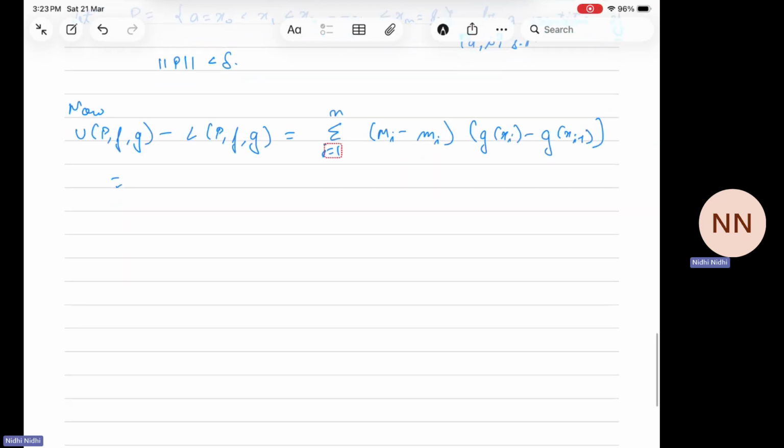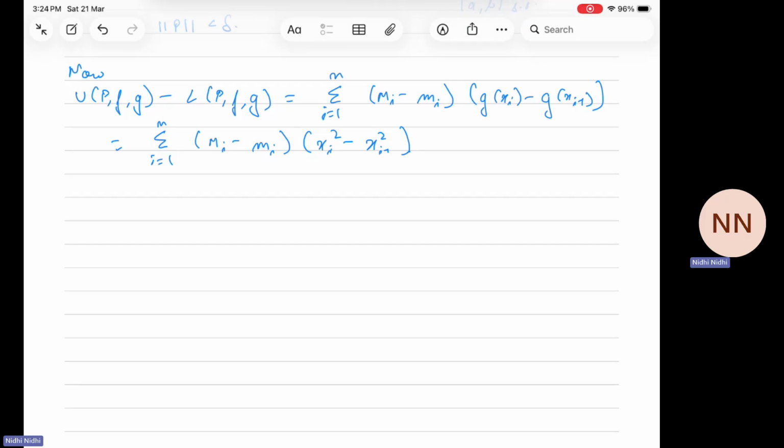So what is g(xi)? g(xi) is just xi square. So this is summation i from 1 to n, Mi minus mi, times xi square minus xi minus 1 square. Now use the identity: a square minus b square is nothing but (a plus b)(a minus b).